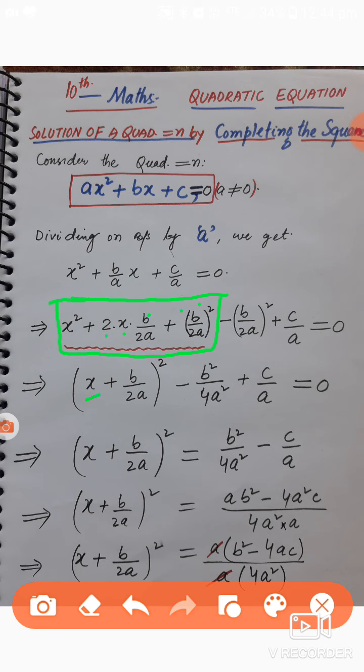Instead of a you have x, instead of b you have b divided by 2a, so we write x plus b by 2a whole square, minus this term. b square is on the numerator and the denominator as well, so it can be distributed over numerator and denominator, that is b square divided by 4a square, plus c by a equal to 0.